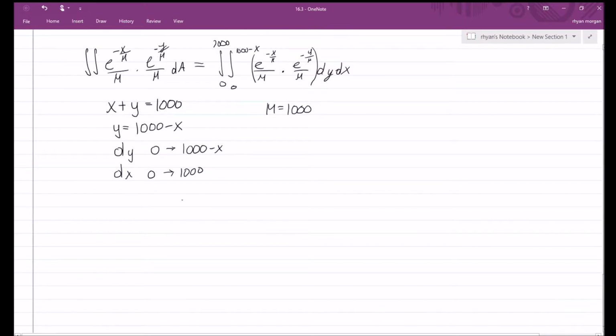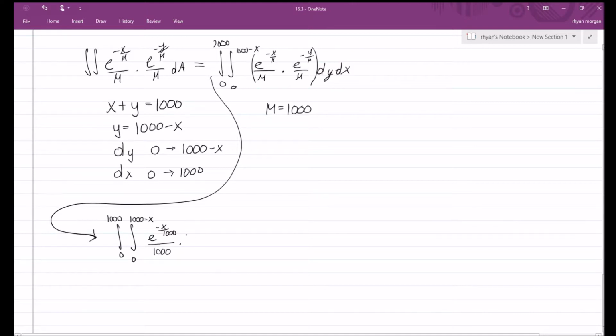So our integral, if you write it down here, goes to the integral from 0 to 1,000 of the integral from 0 to 1,000 minus x of e to the negative x over 1,000, divided by 1,000, times e to the negative y over 1,000, divided by 1,000, dy dx.